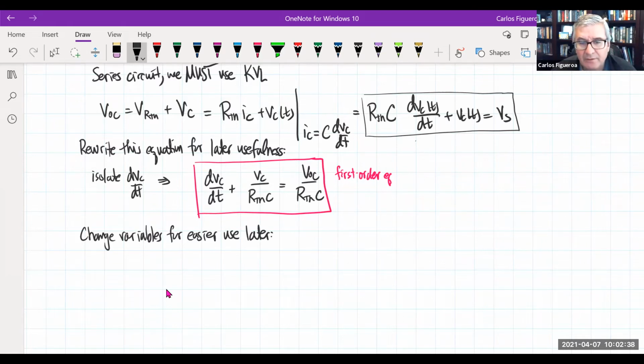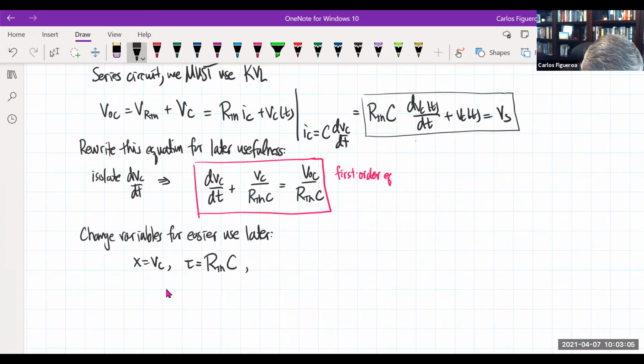So what I'm going to do here is that I know that I have my first order equation. I'm going to let x equal to Vc. And as you could possibly imagine, since I have this RC constant, they typically define the RC constant with the symbol tau. So it's not really RC, it's R Thevenin. That's the appropriate way to think.